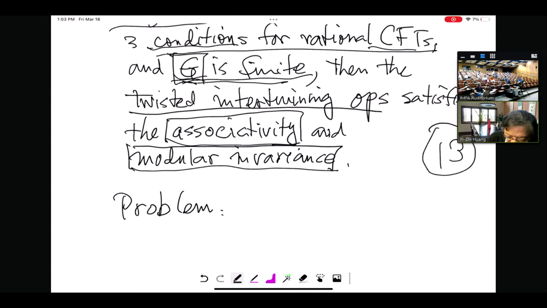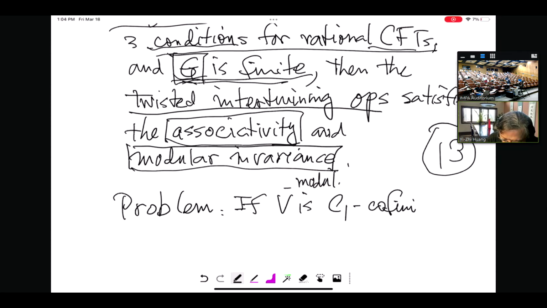If V is C2 cofinite, so I think probably C1 cofinite. Actually, I should not say V is C1 cofinite. It's a V module that should be C1, because the algebra V is always C1 cofinite.